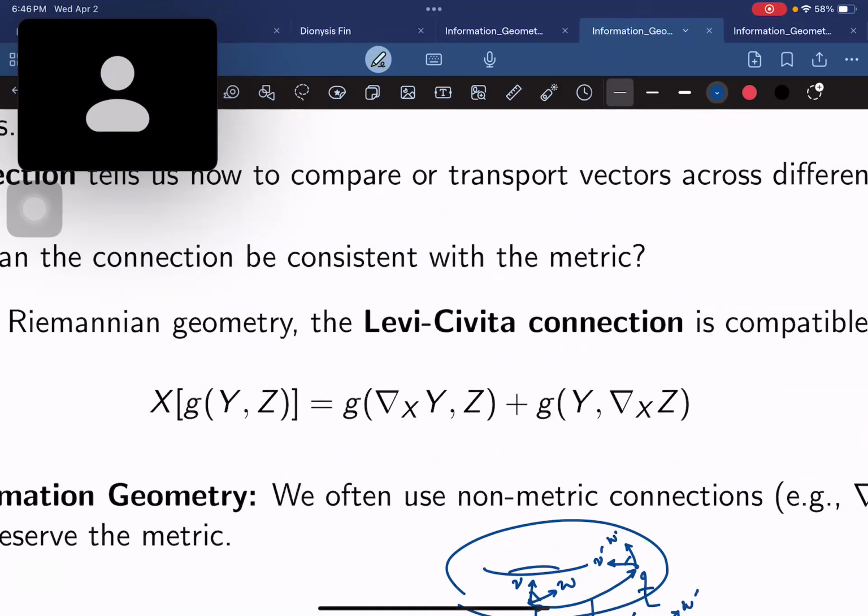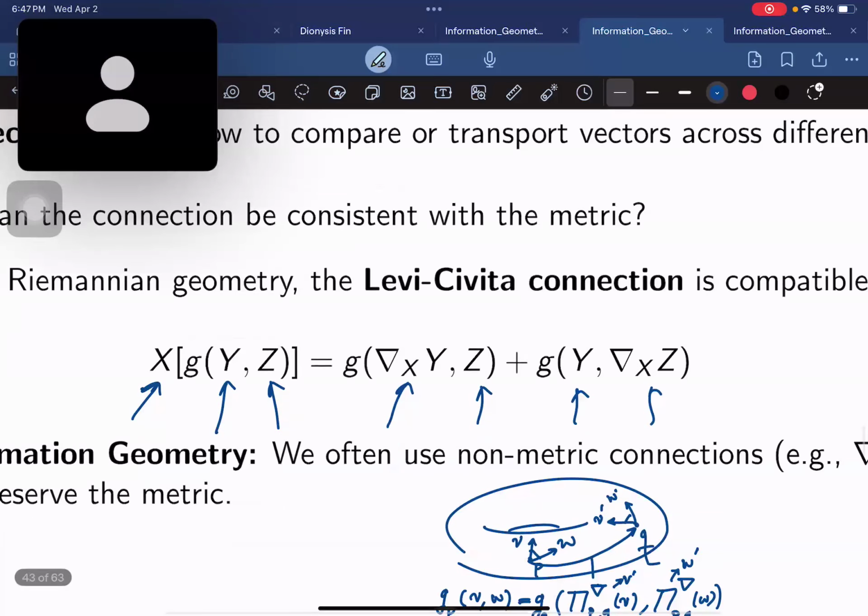What it says is that essentially we want this condition of invariance of the angle to be preserved.